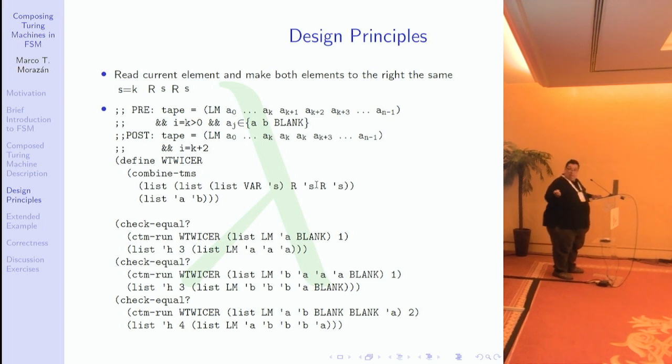Here we declare our variable, so whatever is being read, that's the value of s. We move right, and then we can use s to mutate the tape. And if you look at the examples, here we're in position 1, over the A, and we want to write 2 A's after that. So what happens is we write that A, and the head ends up in position 3 of the tape.